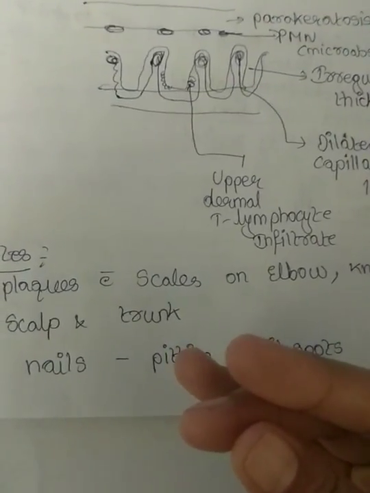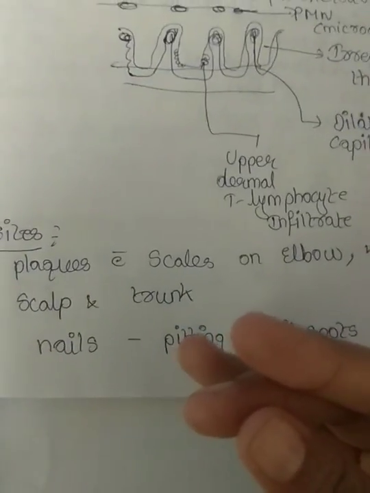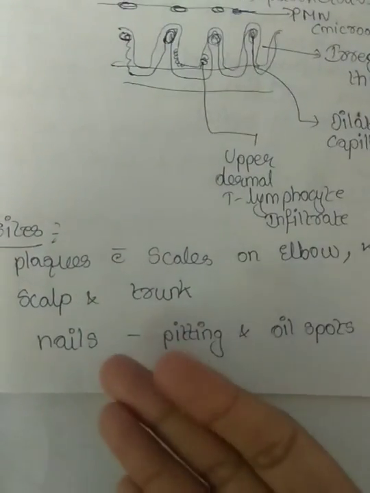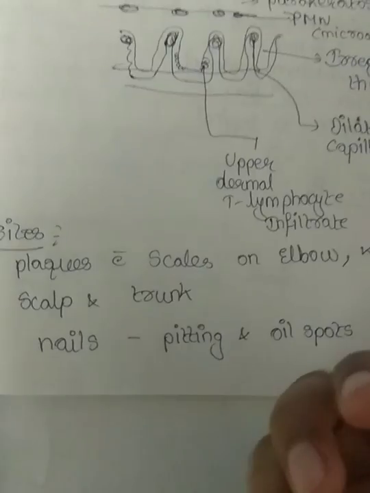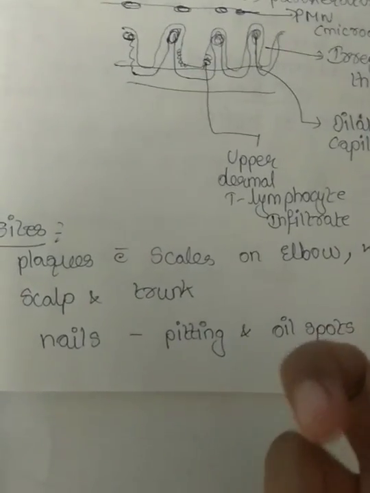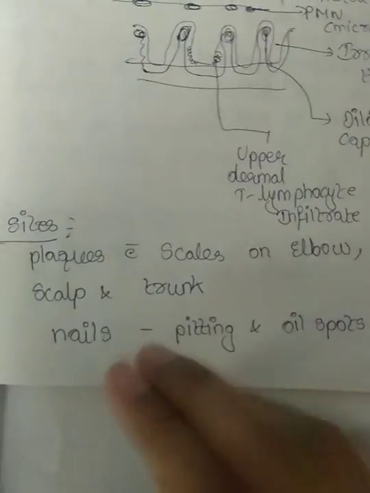That is the main characteristic feature, followed by the nails and scalp, where you can see yellowish, rusty lesions. Sometimes if you scratch that, we will see bleeding also. These are the clinical manifestations.